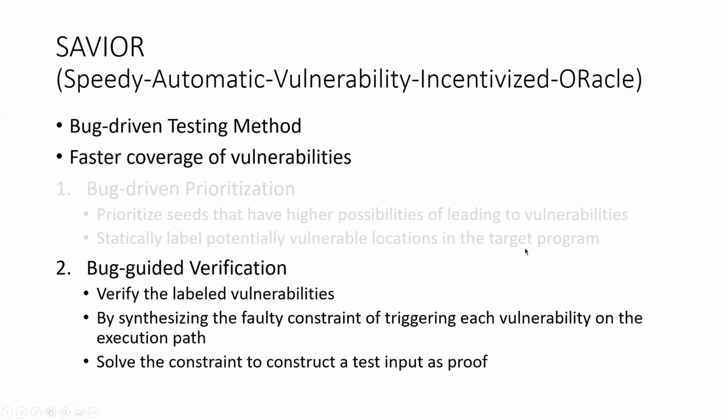Secondly, what Savia does is bug-guided verification. What this tries to do is ensure that you can actually create inputs to satisfy the vulnerability, to trigger the vulnerability. So that is supposed to be manual effort, right? Sorry? That's the part about bug-guided verification.